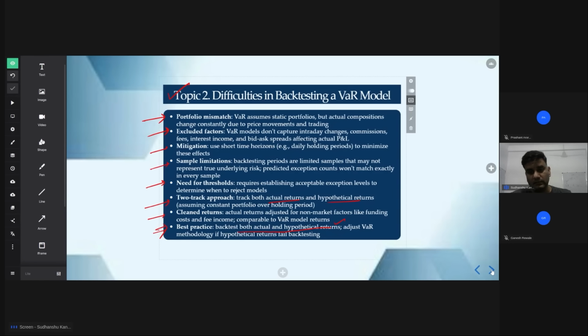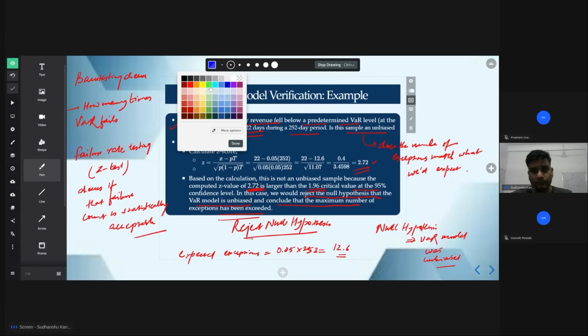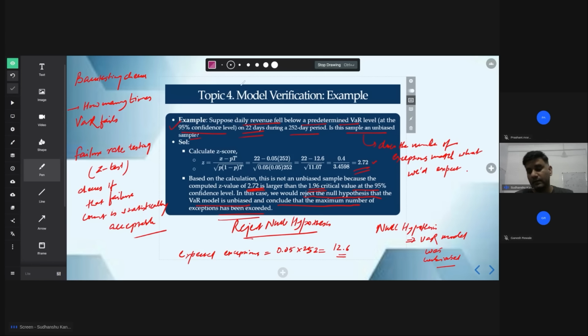Unbiased means null hypothesis. Unbiased means the model is good. So null hypothesis means the model was unbiased, means the model was good.